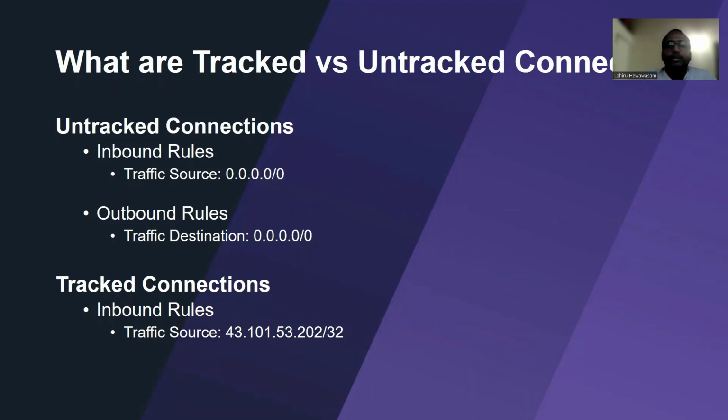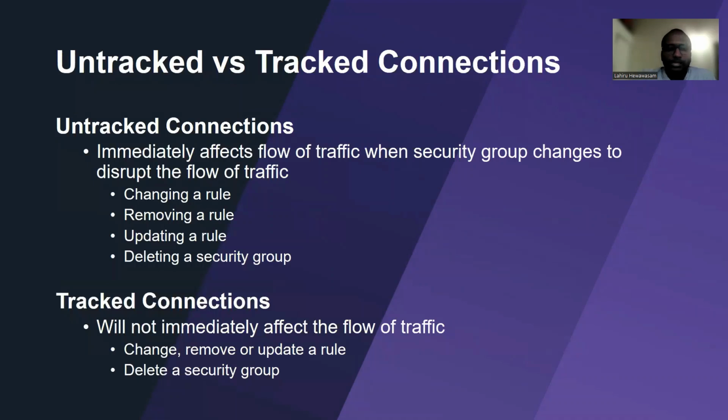So why do we need to talk about these two? It's because with untracked connections, whenever you make a small change to the security group, be it changing a rule, removing a rule, updating a rule, or even deleting the security group, the traffic flow is immediately affected. However, with tracked connections, the traffic flow is not immediately restricted.